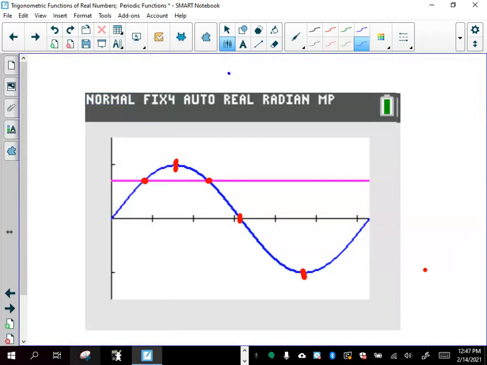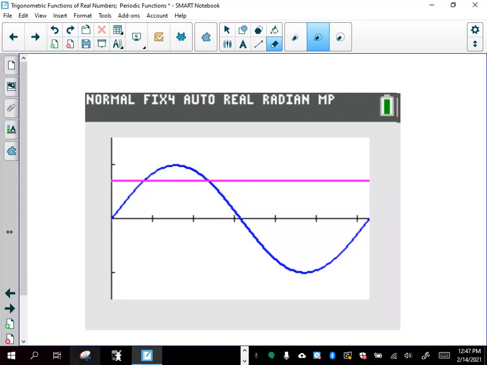If I want to graph this, this shows you right here at this point and this point that on this one complete rotation of a unit circle, I have two y values that are the same when I have two different x values. And that's what a periodic function does.